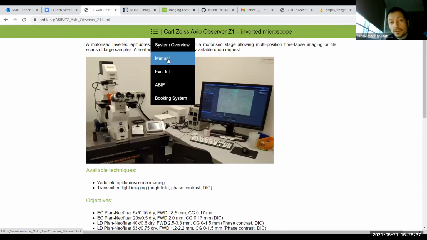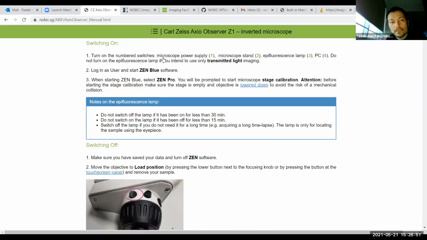And another thing: not yet for all microscopes it's finalized, but for at least some of them, we have a manual which describes how to use the microscope. Those are the things that we will tell you during the hands-on training.